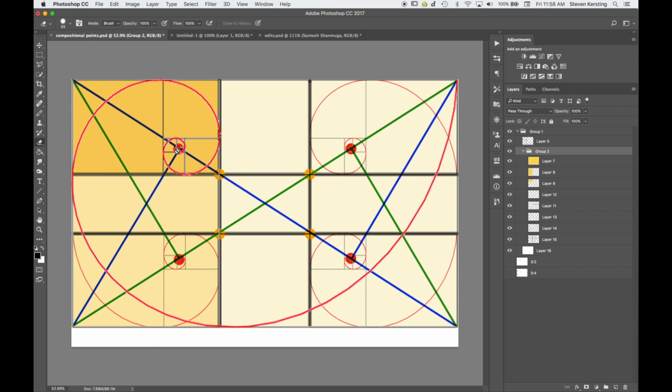The primary thing of the golden rule grid and the rule of thirds grid is these horizontal and vertical lines, and the basics of that is simply a dynamic imbalance or asymmetry.